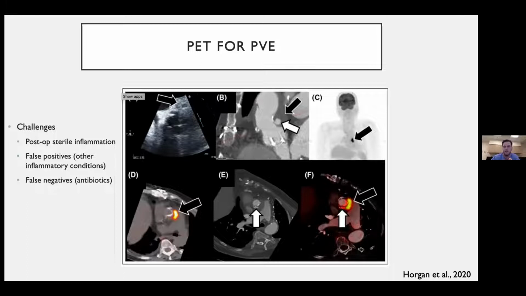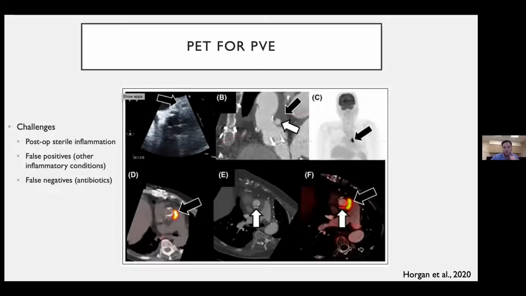The authors here also utilized a PET scan to prove that the pseudoaneurysm was in fact infected. I'll just direct you to panel F. What you see is a CTA fused with a PET scan demonstrating the proximity of the pseudoaneurysm to an area of FDG uptake. And that's consistent with mycotic pseudoaneurysm. So in general, PET can be quite useful in cases of possible prosthetic valve endocarditis with unclear imaging findings.